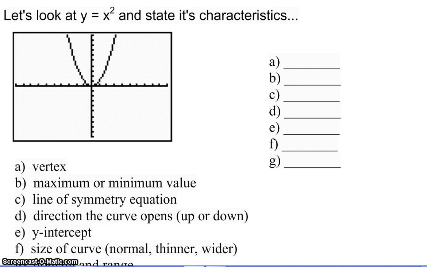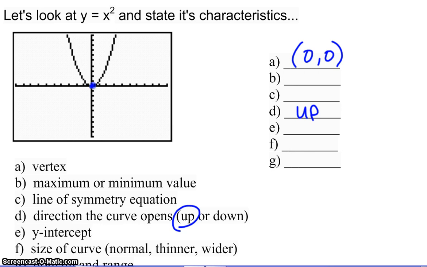The vertex is the point that it starts on the graph. Where does it start? Right here. It's symmetric on each side of this point. The vertex of this one is at 0, 0. Because the graph is going up, we can answer that part right now. The direction of the curve is going up.